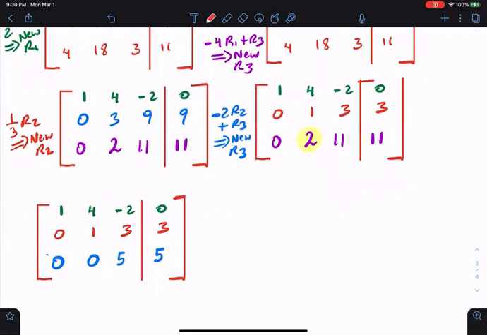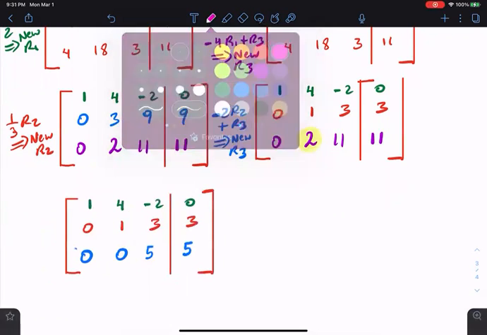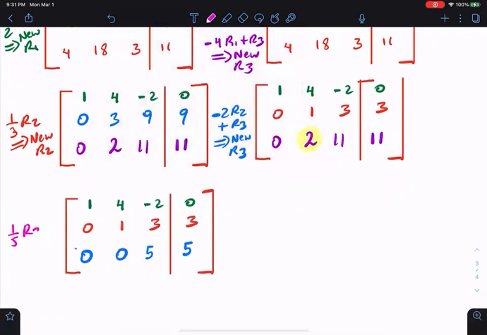So now we can, again, multiply row 3 by 1/5, right? So if we multiply row 3 by 1/5, we get new row 3.